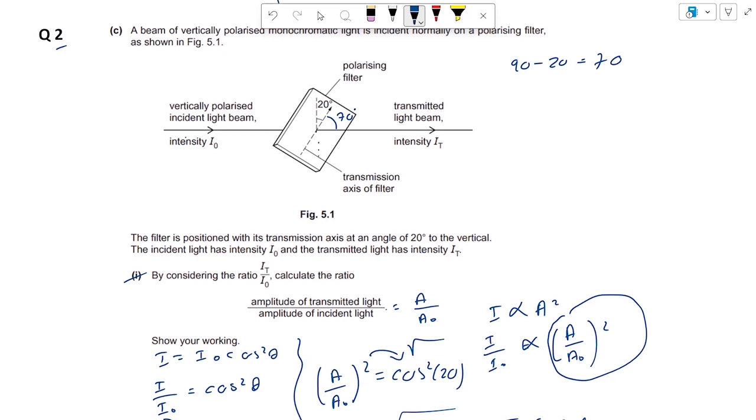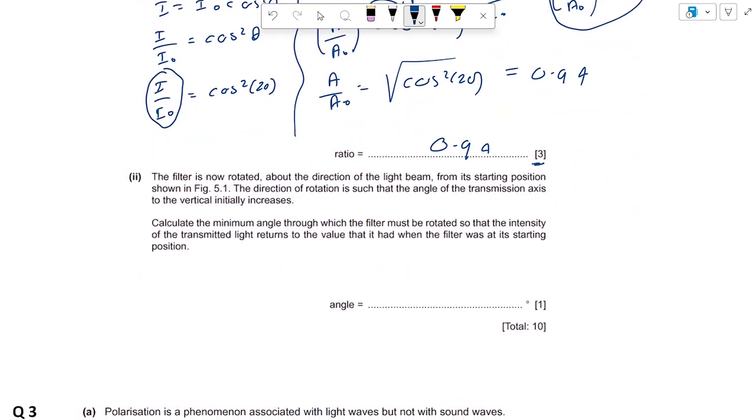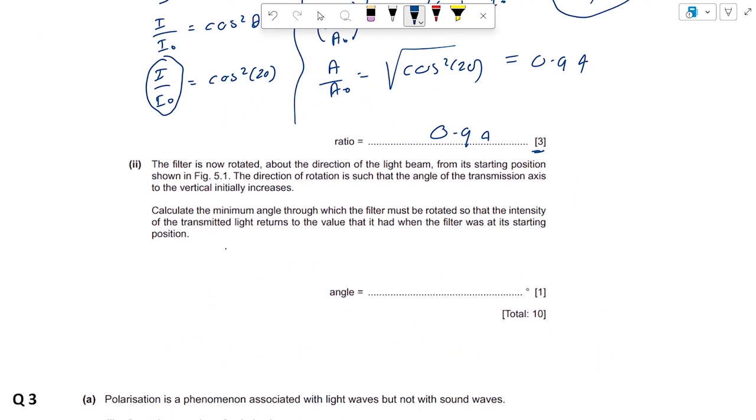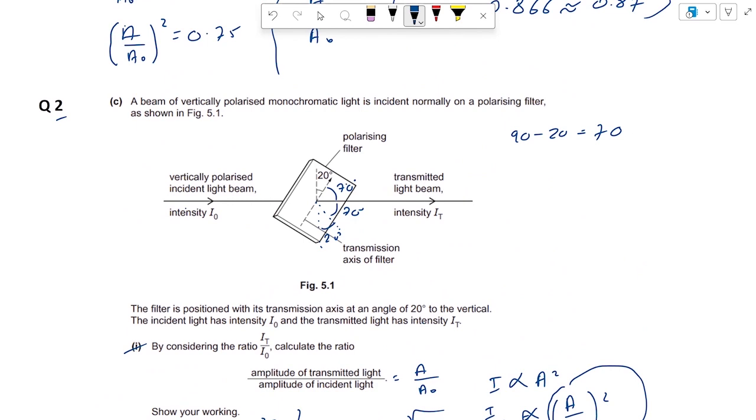And then we would need to rotate it another 70 degrees because this is going to be 20 to produce our beam of light again. 70 plus 70 is equal to 140. So basically when we rotate it at 140 degrees, it would look something like this, and that would allow the flow of light to be the same intensity as it is here. So that's pretty much it.